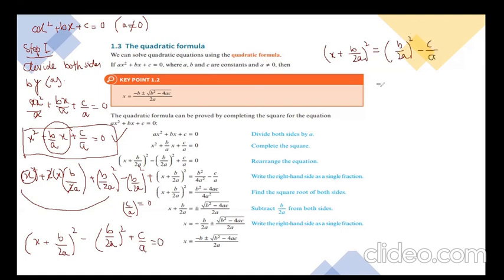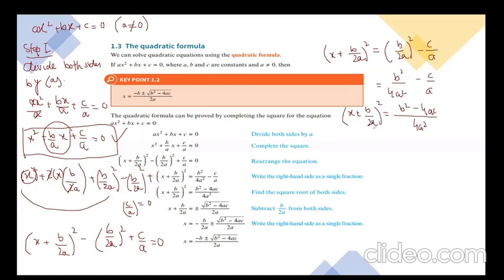So this term will be b square over 4a square minus c by a. So ये हो जाएगी मेरे पास 4a square और ये टर्म हो जाएगी b square minus 4ac. So x plus b by 2a whole square equals to this one.